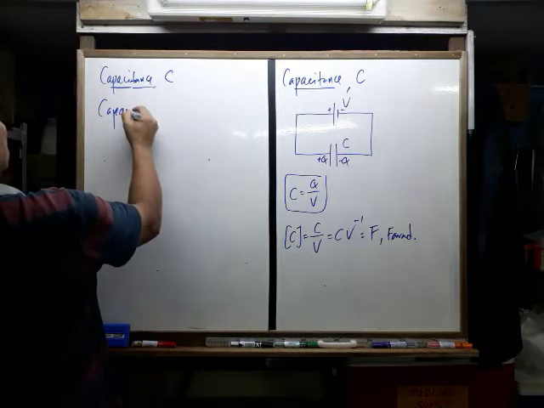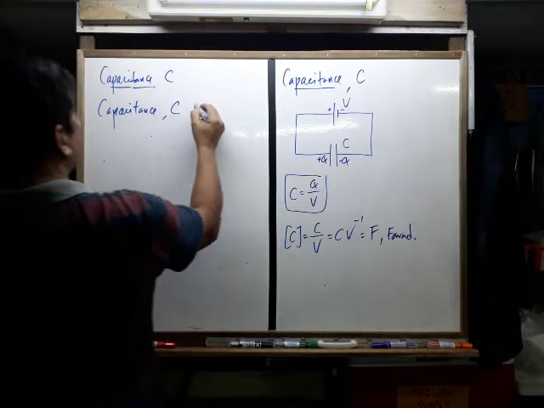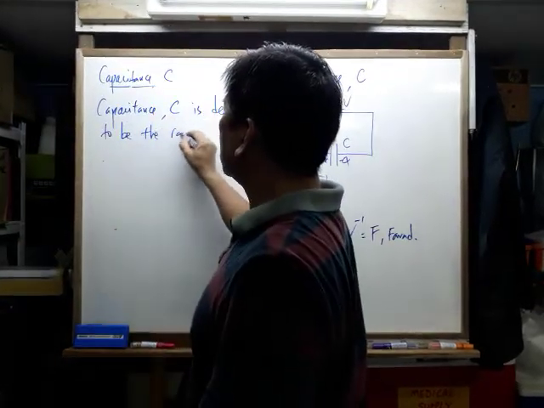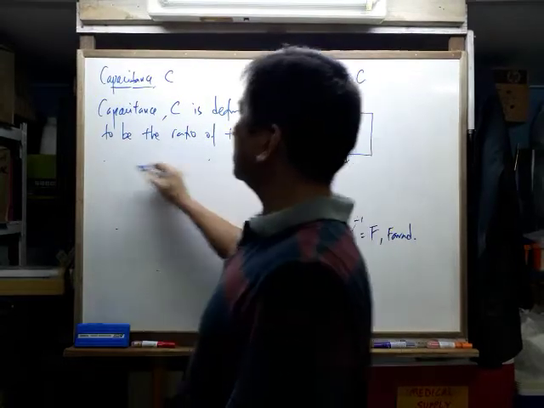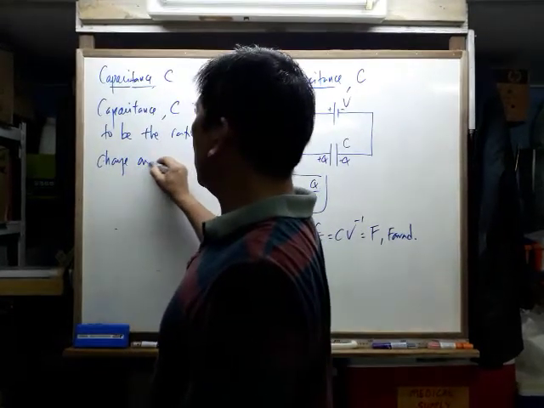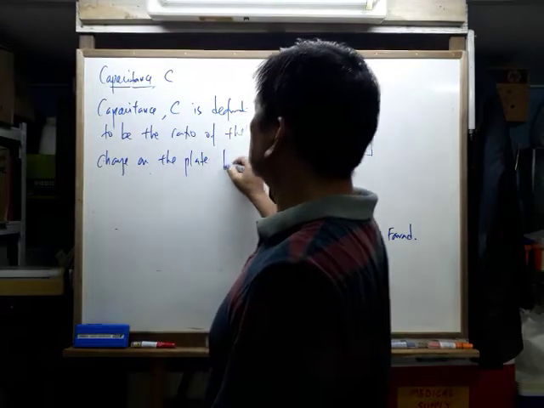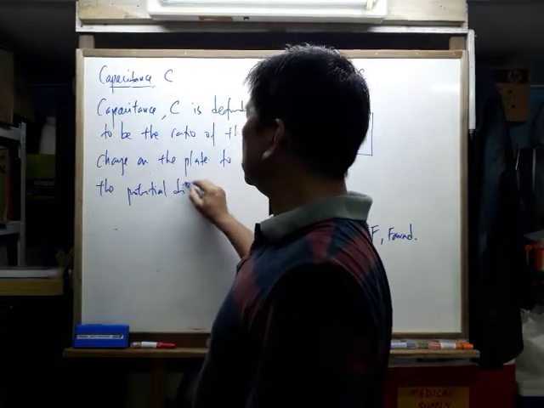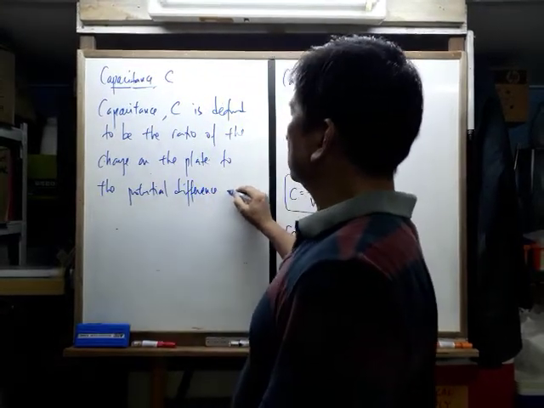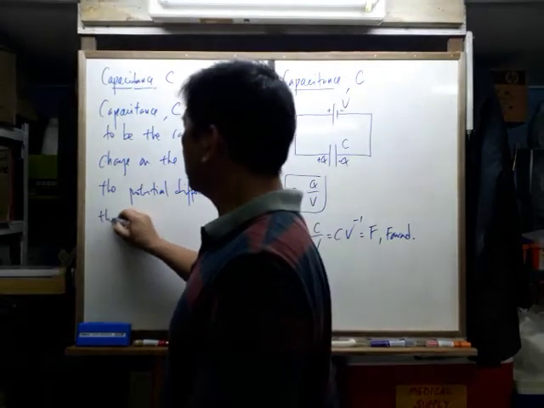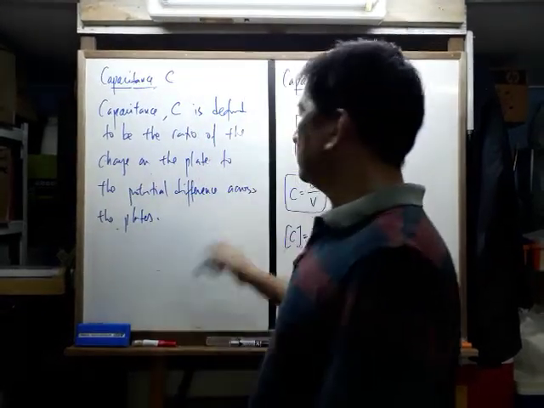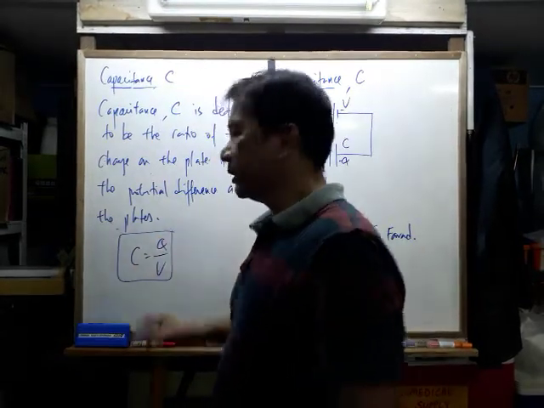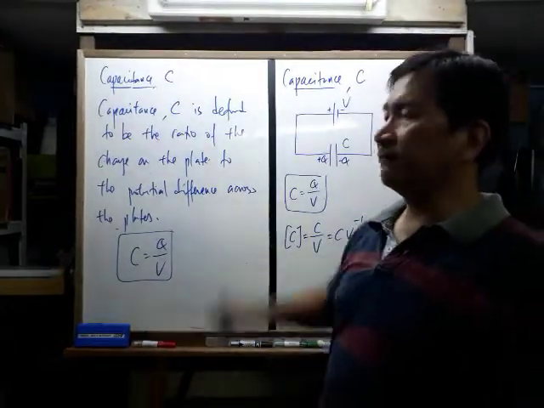Capacitance C is defined to be the ratio of the charge on the plate to the potential difference across the plates, because you have more than one plate. So C is equal to Q over V. When you are asked to define, that is the definition for capacitance.